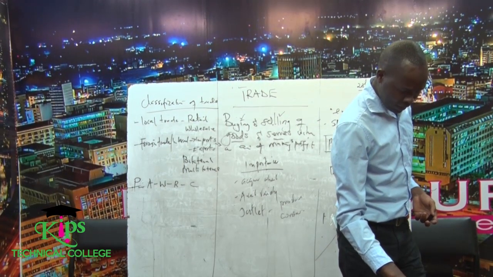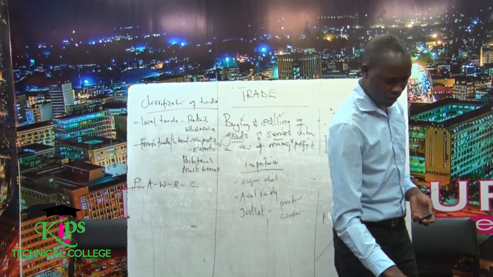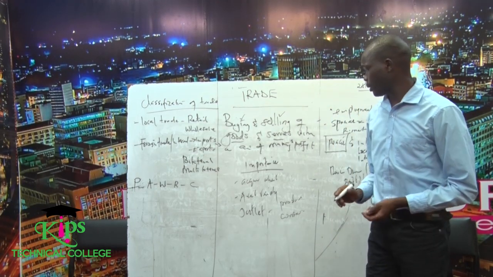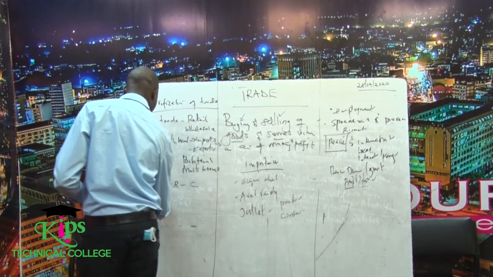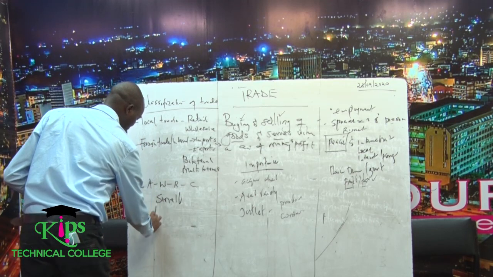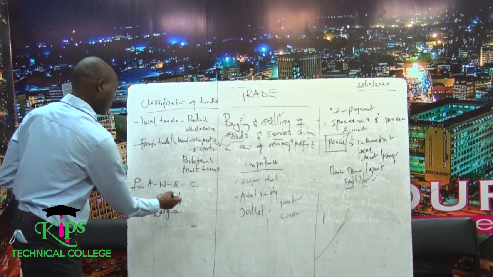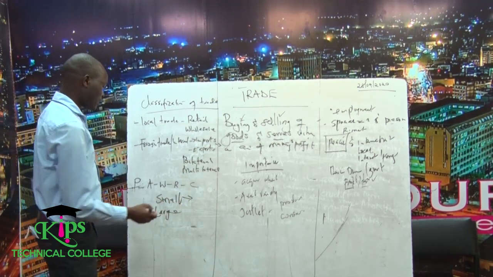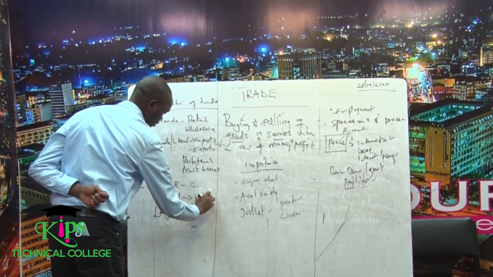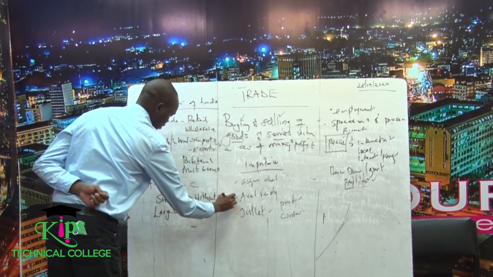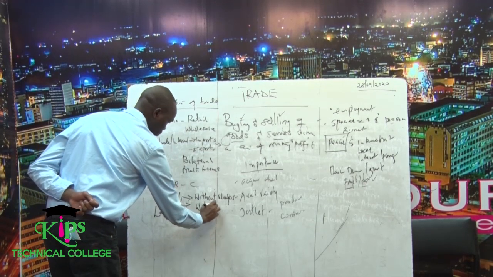We can still further see some of these classifications, whereby we can mention something small concerning the retail trade. With the retail trade, we can still have the small scale retailers, and we can still have the large scale retailers. In the small scale retailers, we can still have small scale retailers without shops, and we can still have small scale retailers with shops.